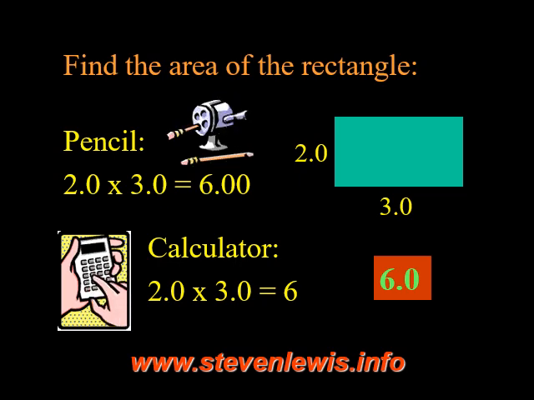Because we measured the size of the rectangle to only two significant digits. So we can report only two significant digits in our calculated value. If we report only one significant digit, we are losing information that we can legitimately report.